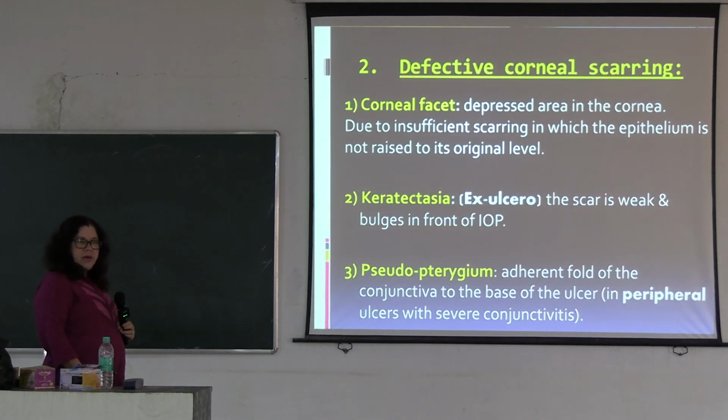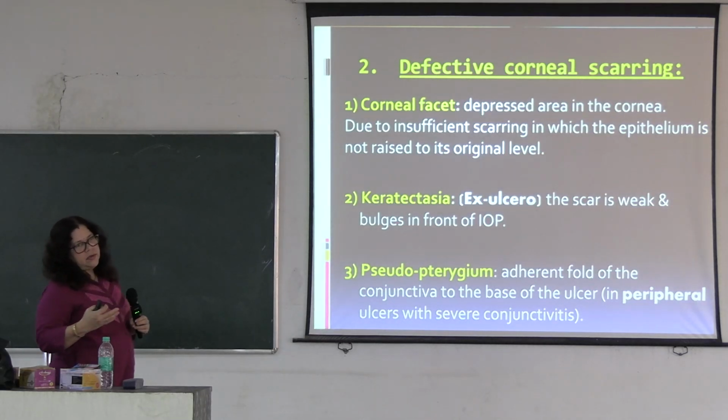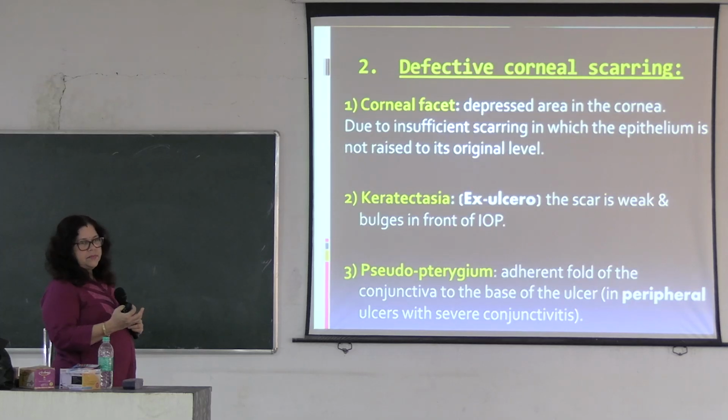Pterygium is firmly attached to the cornea and conjunctiva, and pseudopterygium only adheres to the superficial layer of the conjunctiva. If we pass a glass rod, we can easily pass it under the pseudopterygium, but we cannot pass the glass rod underneath the pterygium. It bleeds due to firm adherence.